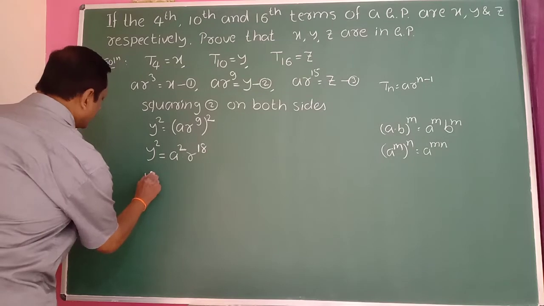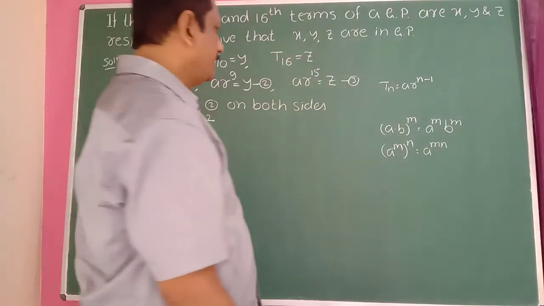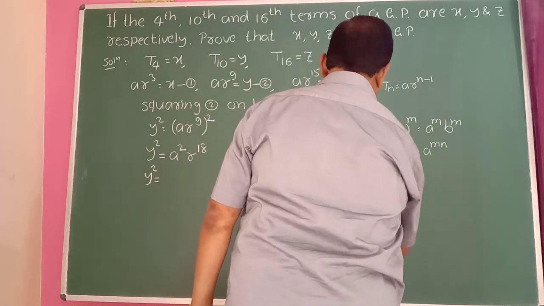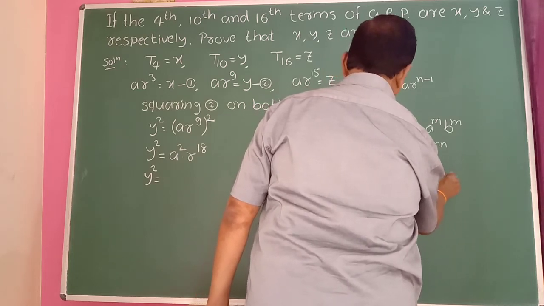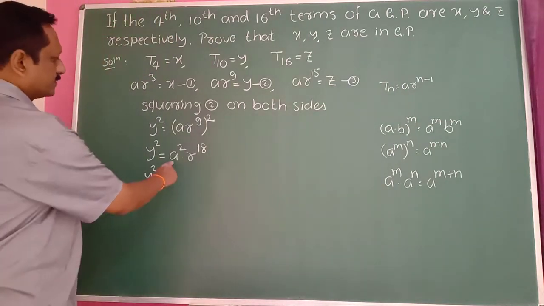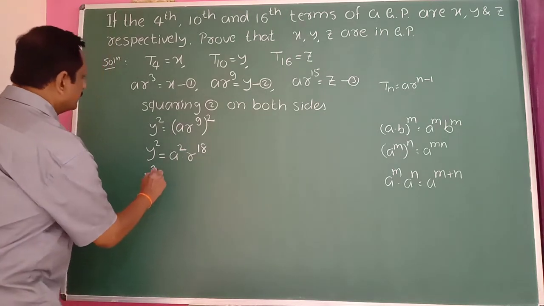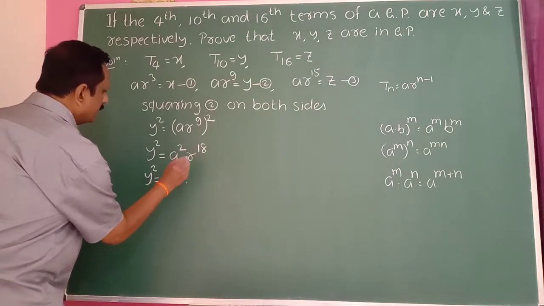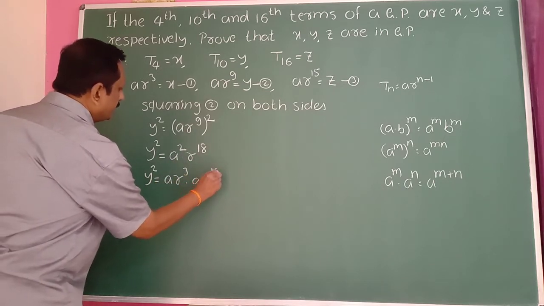Therefore y square here is equal to, again laws of indices, A raised to m into A raised to n is equal to A raised to m plus n. Therefore A square R raised to 18 is there. So you can write this as A R cube into A R raised to 15.